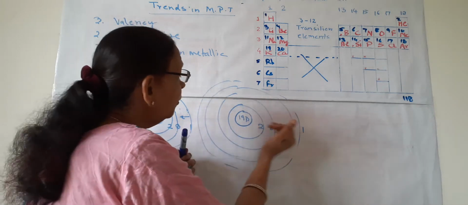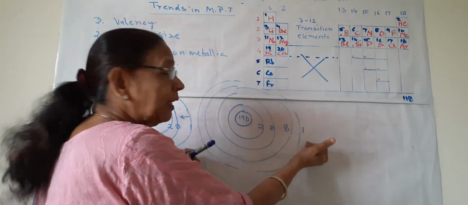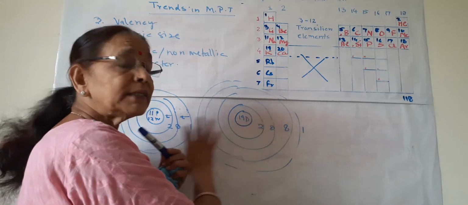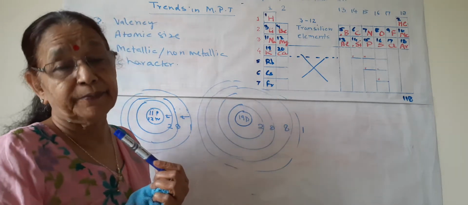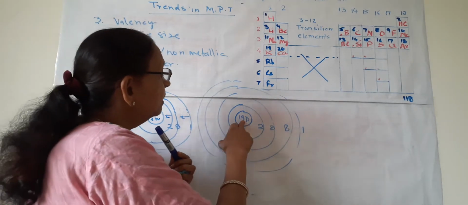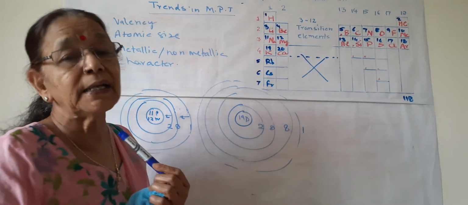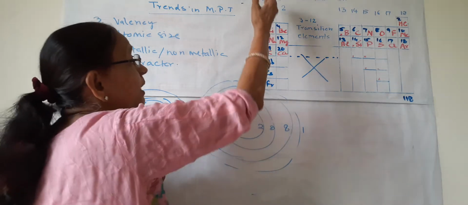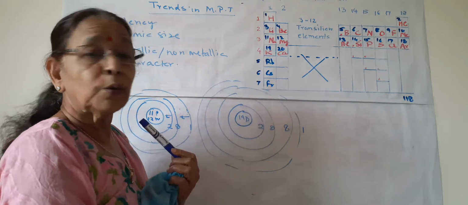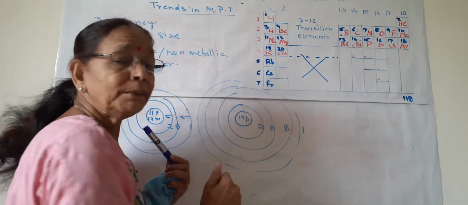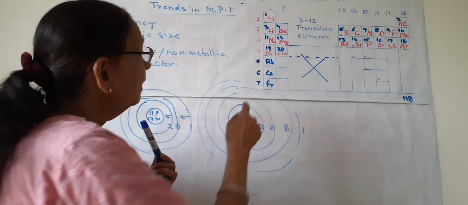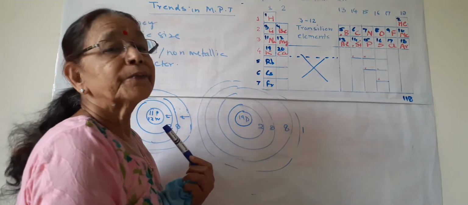When there are 4 shells, it is obvious that this is bigger, and the number of shells outweighs the nuclear charge. So as we go down the group, the size of the atom becomes bigger.